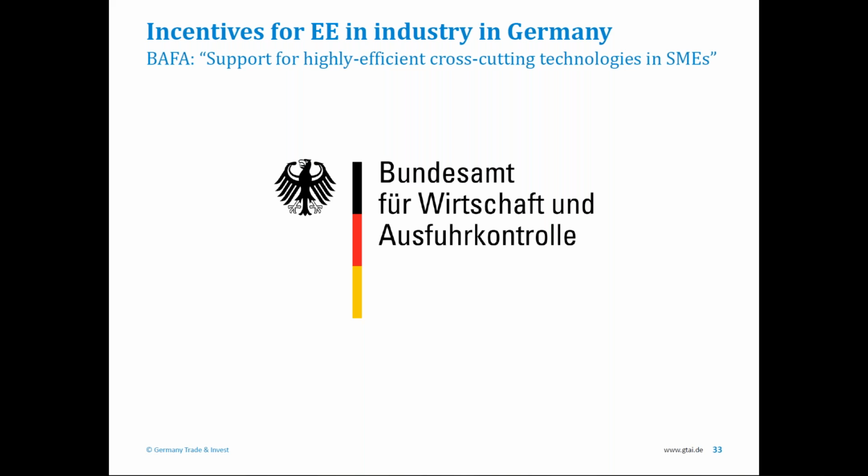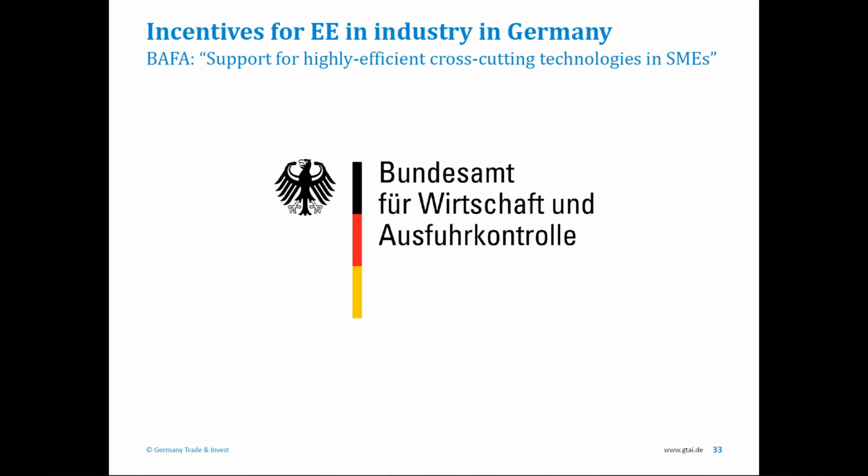The second program I'd like to highlight is also from BAFA, and it provides support for highly efficient cross-cutting technologies in SMEs. It provides funding for investments such as replacements or new purchases for system optimization, as well as for individual measures such as electric motors and drives, pumps, ventilators, high-pressure air systems, heat recovery and waste process heat utilization, or even the installation of plant equipment.